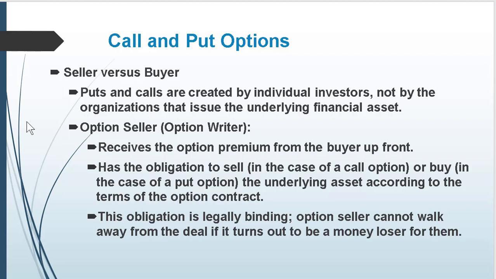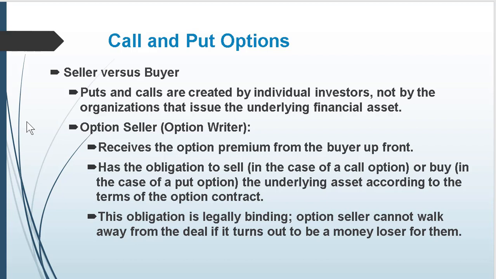So if they create a call and the stock price goes up, eventually they're going to have to sell the stock to the person who has the right to buy it.